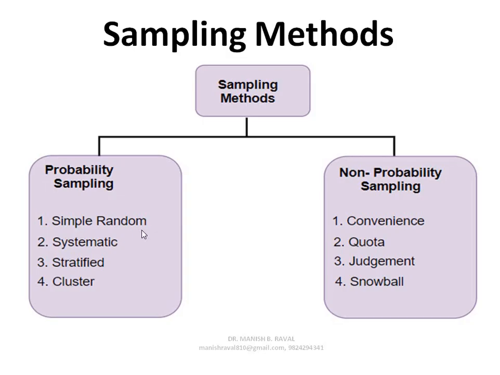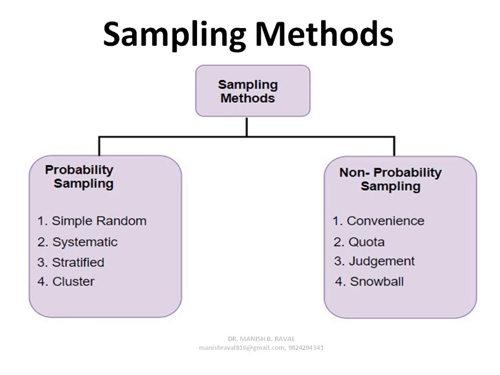First one is simple random sampling, then systematic sampling, then stratified sampling, and then cluster sampling. In case of non-probabilistic sampling also, we have convenience sampling, quota sampling, judgment sampling, and snowball sampling. So these are all the methods of collecting a sample from the universe.